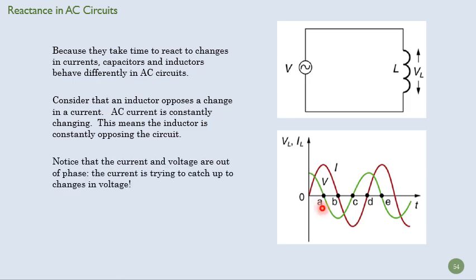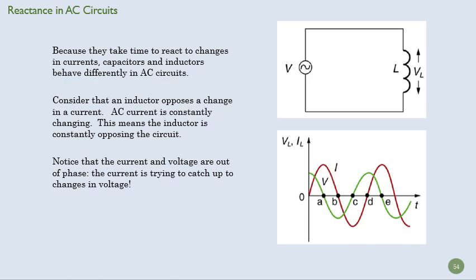And we can see that here in this plot. I don't want to get too much in the weeds here, but it's really kind of interesting. What you get is a phase difference between the voltage and the current. The voltage, say down here from A to B, is trying to make the current go in the negative direction. But that inductor is resisting that, and so the current continues to go in the positive direction.